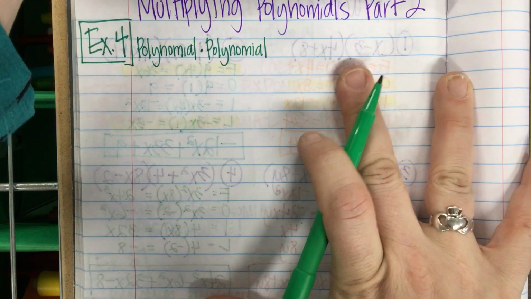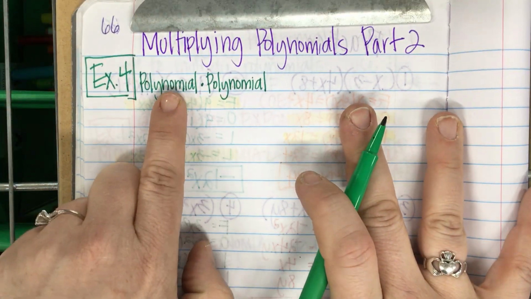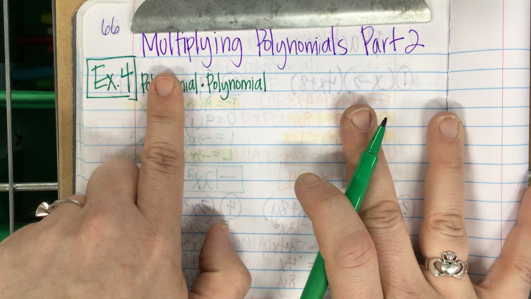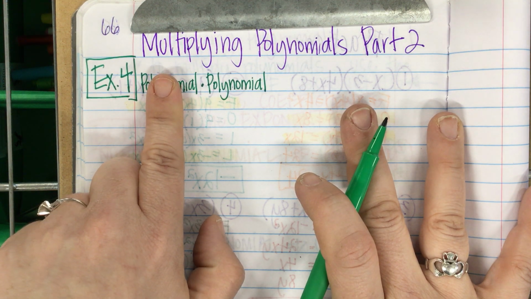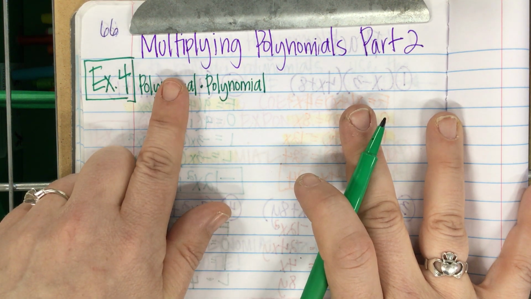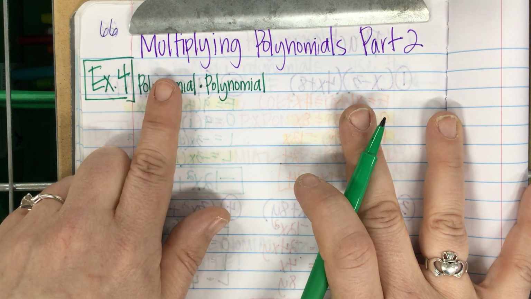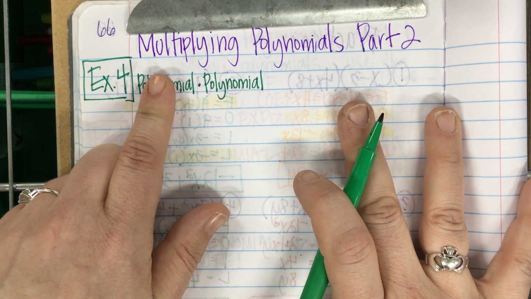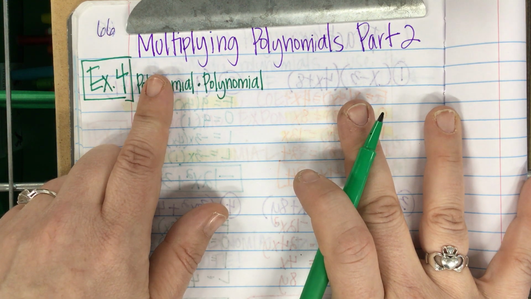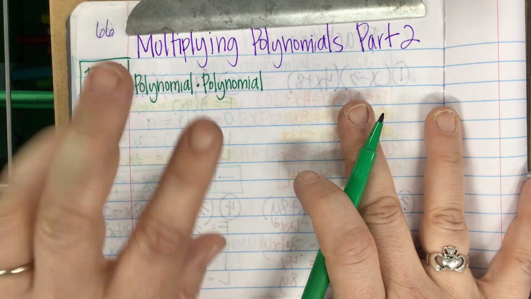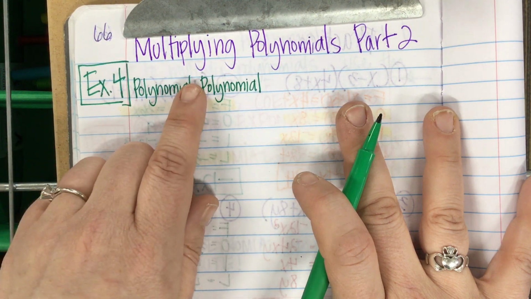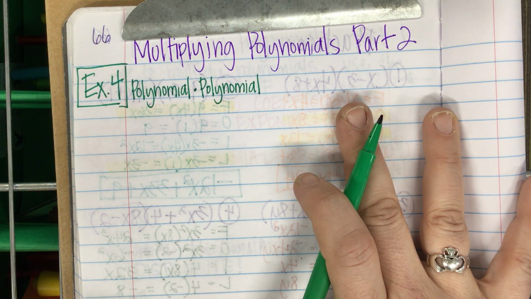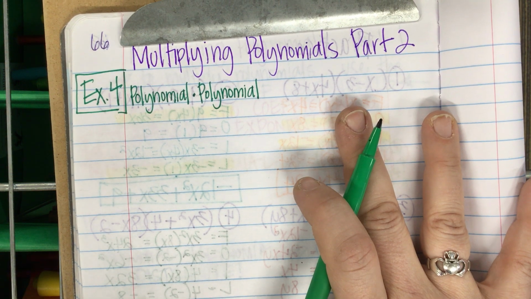A polynomial times a polynomial, if it's a binomial, a two-parter, it's still double distribution because there are two things that you have to multiply across. If it's a trinomial in the first spot, it's not double distribution, it's triple distribution because there are three terms in that first polynomial. So it's still the distributive property.